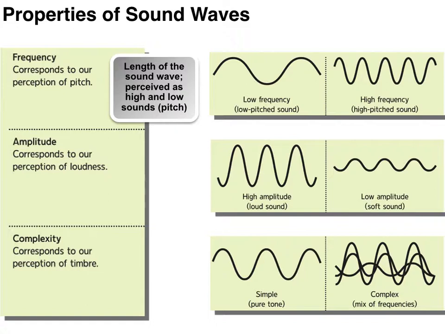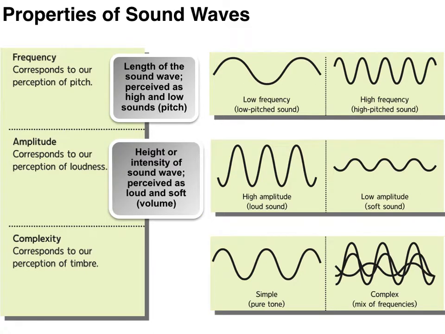Amplitude, again, corresponds to our perception of loudness. Here are some examples. So a high amplitude sound, something that's loud, is going to have a lot taller kinds of sound waves, okay? Whereas a low amplitude, a soft sound, is going to have a lot lower amplitude.